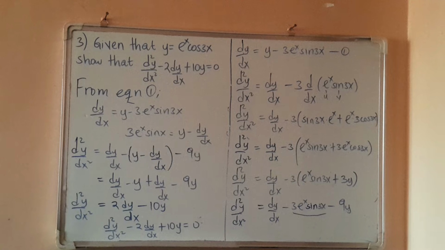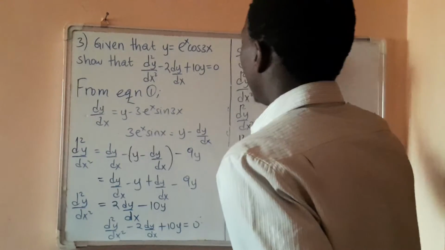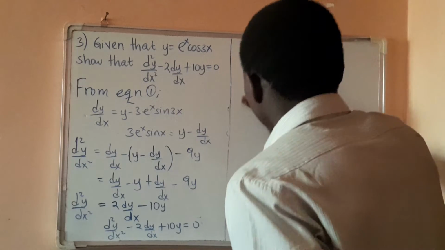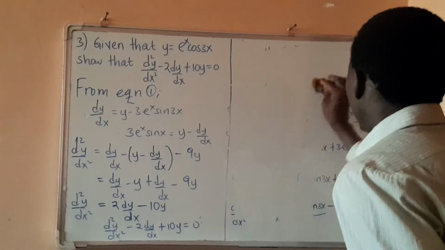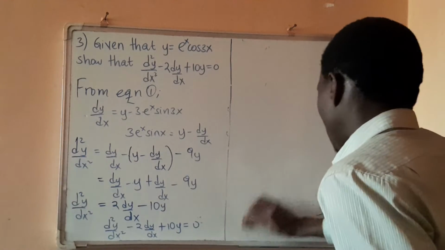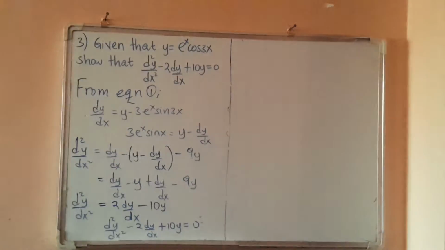Now we can proceed with question 4. It is actually question 3: just obtain the second order derivative, play around with the first order derivative, substitute, then we get the result.